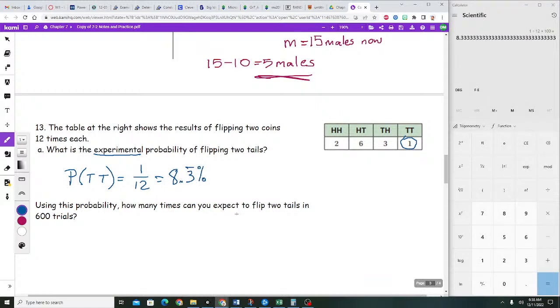Using this probability, how many times can you expect to flip 2 tails in 600 trials? So we're going to use that probability. So 1 out of 12 equals x over 600. So we cross multiply. That's 12x equals 600. Divided by 12, x equals 50 times.